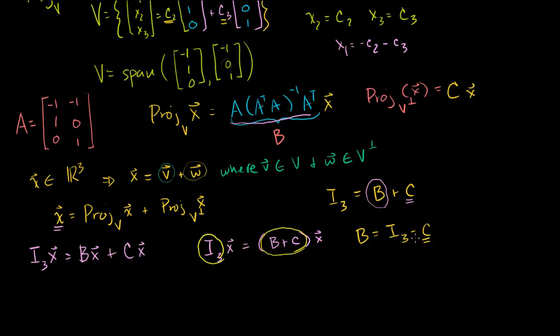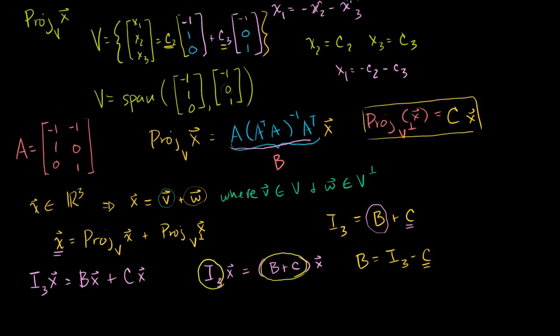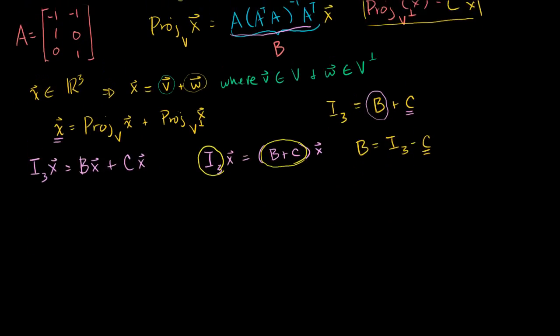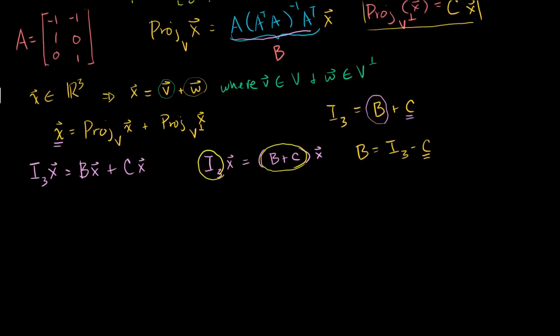So let's see if we can figure out what C is. Let's go back to our original. Let me rewrite the problem actually. Remember that V is equal to all of the x1s, x2s, x3s that satisfy x1 plus x2 plus x3 is equal to 0.